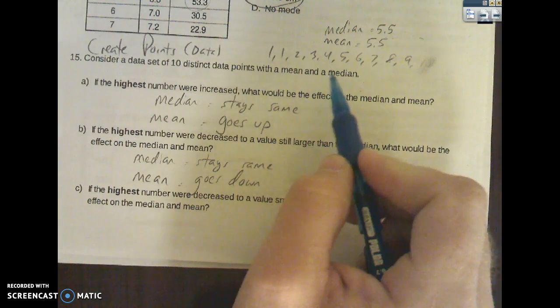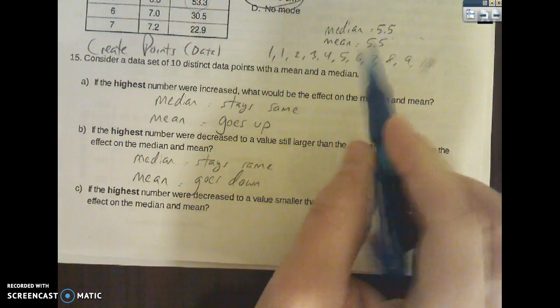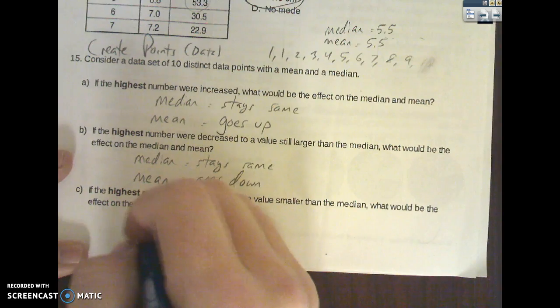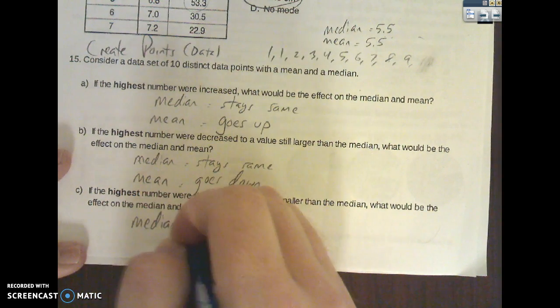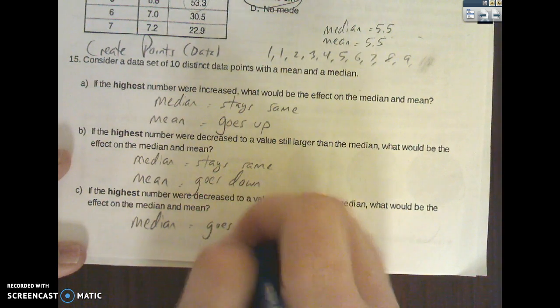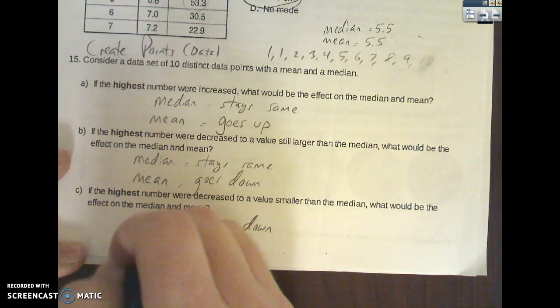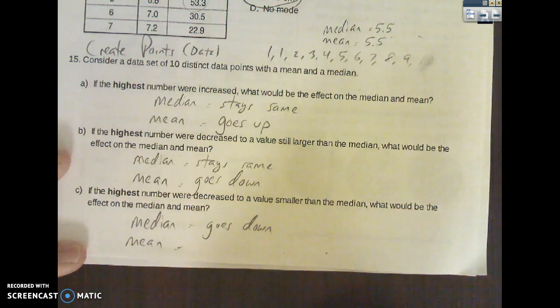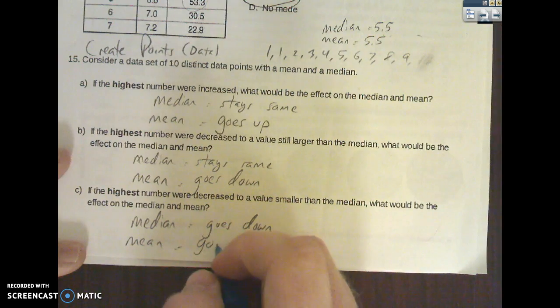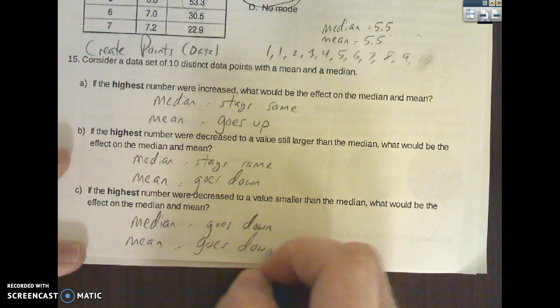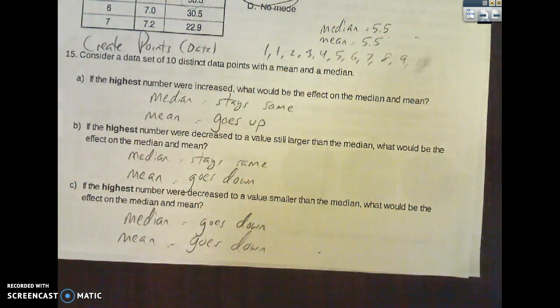My median would then be between 4 and 5, which is 4.5. So the median goes down. And you're never going to guess what happens to the mean. Goes down. This problem is huge.